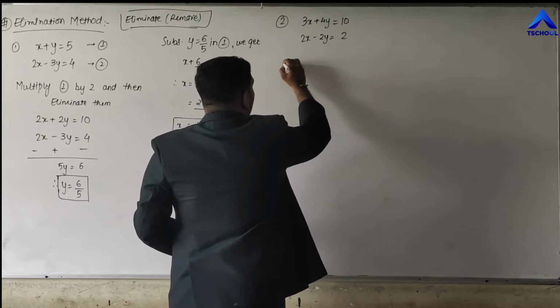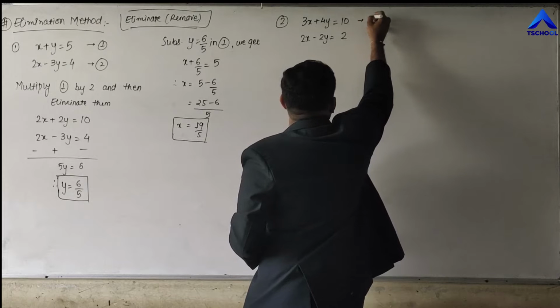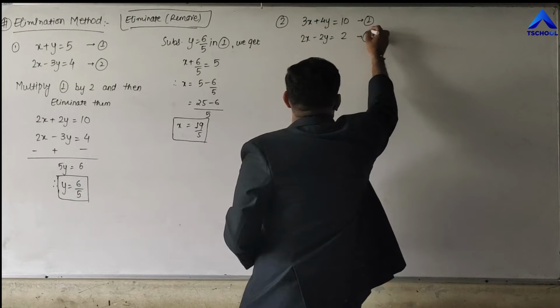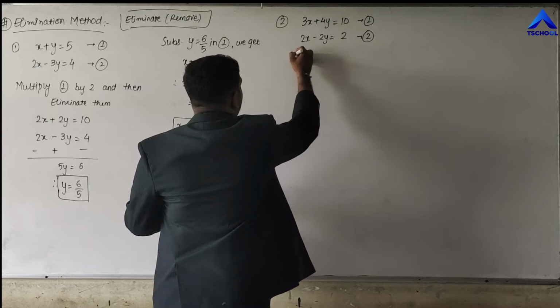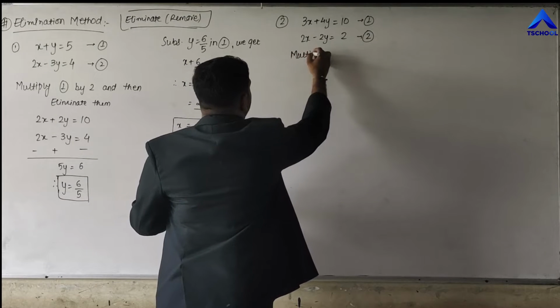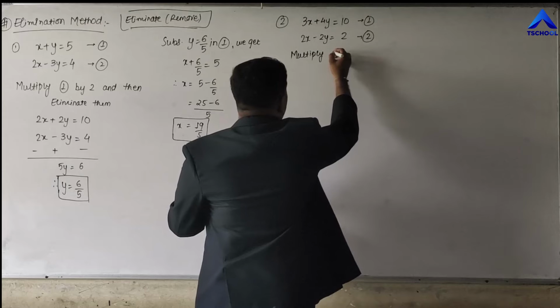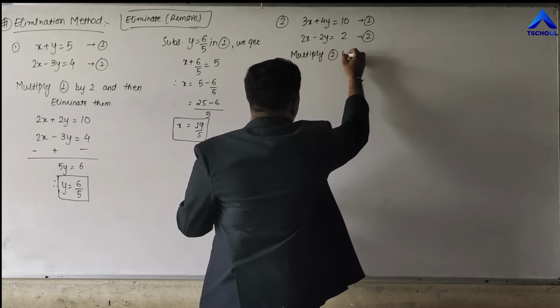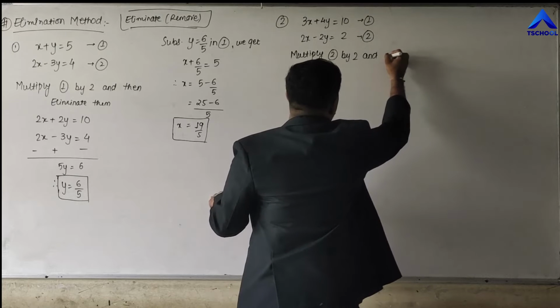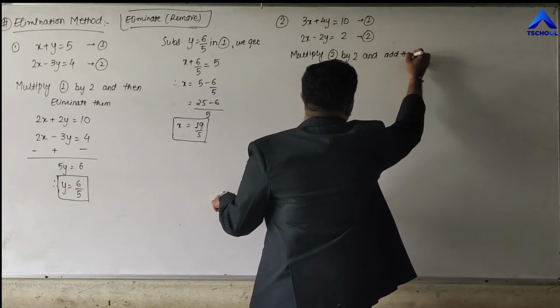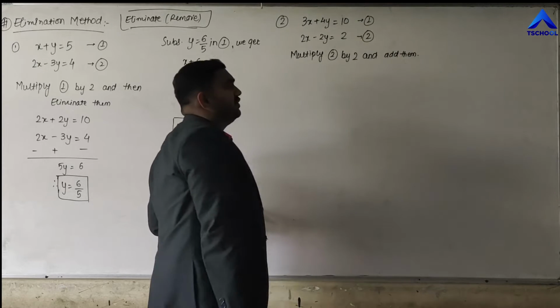So what we shall do is, the first one is our first equation and the second one is our second equation. Multiply the second by 2 and add them. What we are going to do is add them.